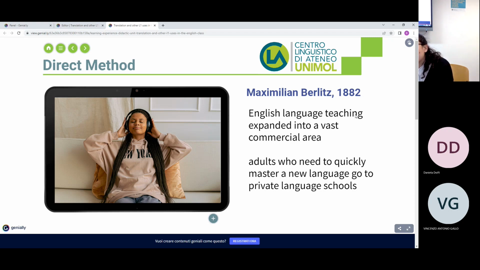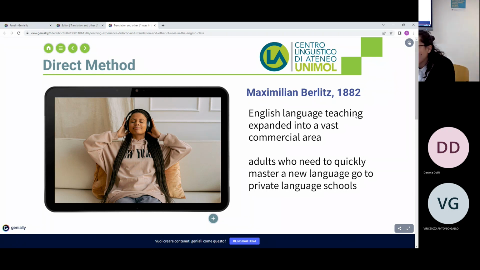The Berlitz schools are just an example, and they were, I would say, the first examples of this. So English starts to be learned and taught in a different way and for different purposes.